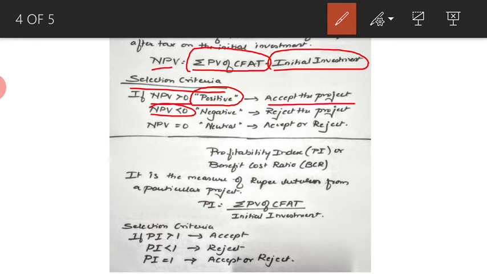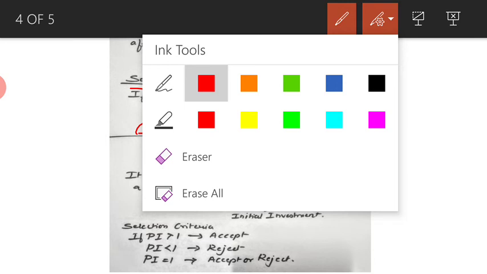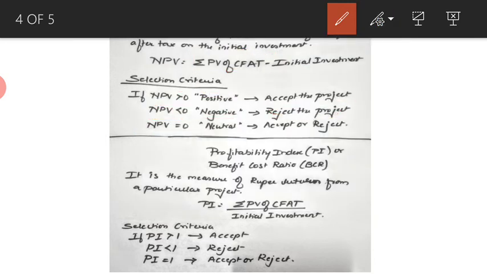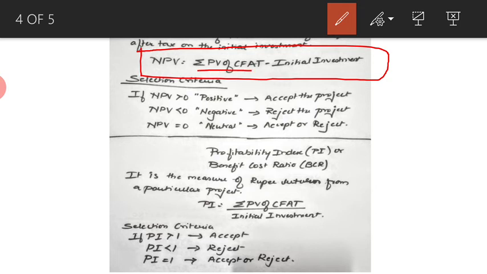If NPV is less than 0, that is if NPV is negative, we reject the project. And if NPV is 0, that is neutral, then we can either accept it or reject it depending on the situation. So again I'll repeat the formula. NPV is equal to summation of present value of cash flows after tax minus initial investment.